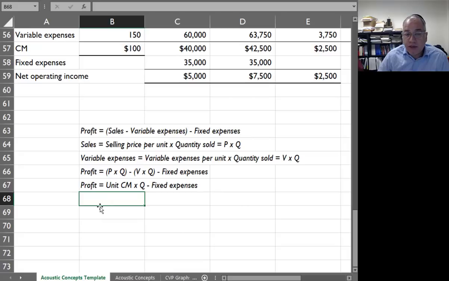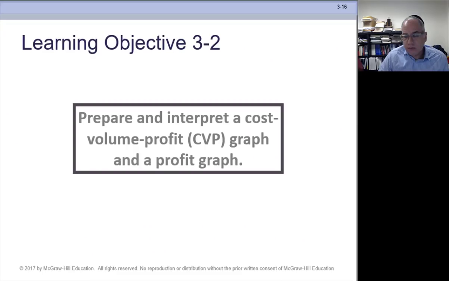And then we can rearrange this to be the unit contribution margin, that is the price minus the variable expense, P minus V, times Q, equals your fixed expenses. And now we can use this equation to better understand how contribution margin impacts profits.